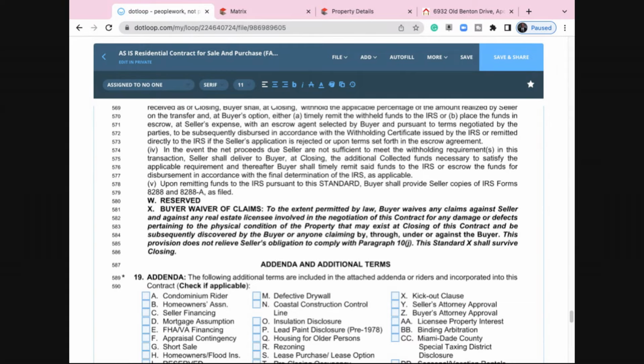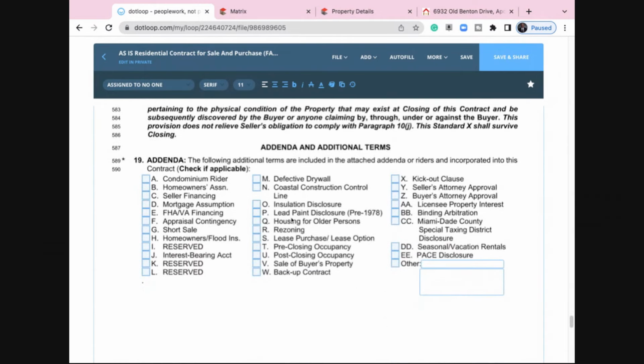This provision does not relieve the seller of obligations to comply with paragraph 10J. The standard X shall survive closing. Okay, so some things actually survive closing, and it says right here what that is.